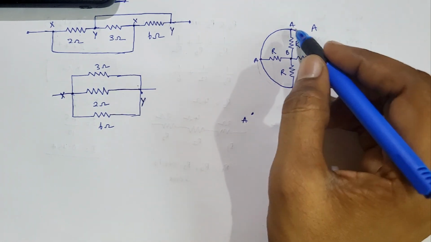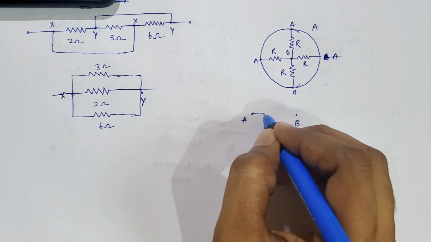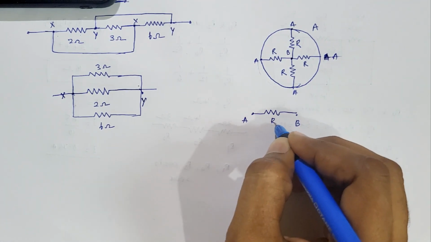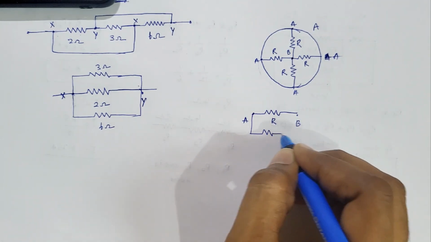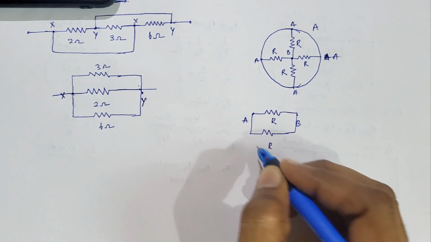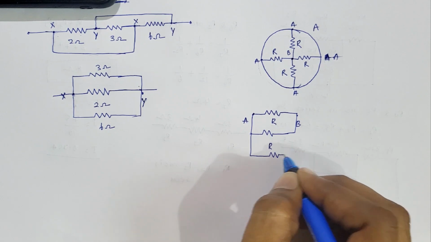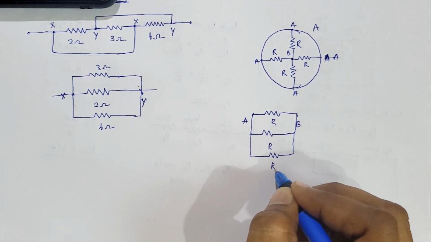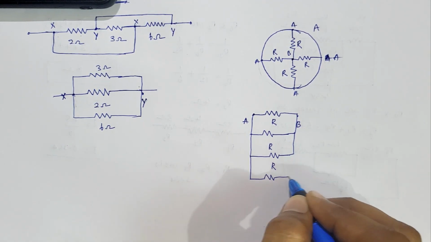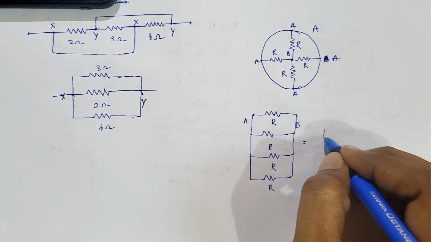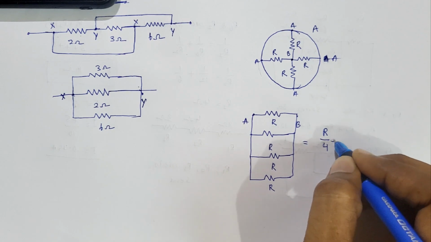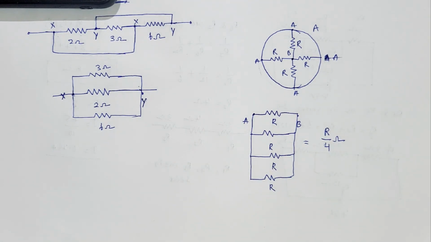This resistance, from A to B connected R. This resistance also, A to B connected R. And all the 4 resistances are connected A to B, R. So equivalent resistance will be how much? R by N. N is 4, R by 4 ohms. If they give, instead of R, 8 ohms, then what? 8 by 4, 2 ohms.